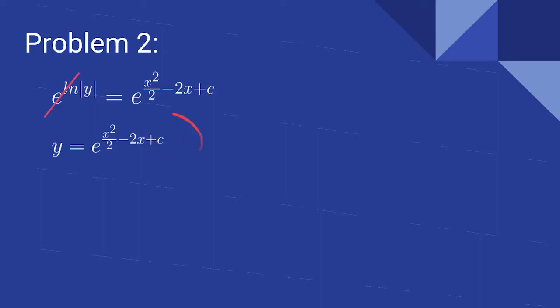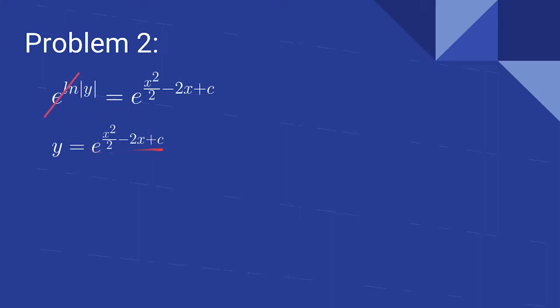Now after that we had a natural log on one side. So we raise both sides to e to cancel out the natural log. So we're left with y equals e to the (x squared over 2 minus 2x plus c). I want this c on its own, remembering rules for powers.